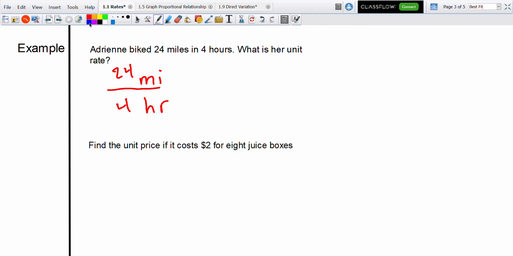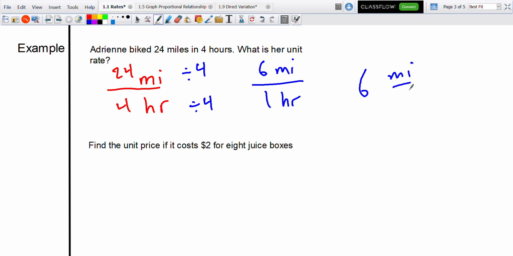Now to solve for this one, I wouldn't divide by 2 like the last problem. I'd divide by what to get it to 1 hour? I'd divide it by 4. Because 4 divided by 4 on the bottom will make 1 hour, which is what we want for a unit rate. We want the bottom number to be 1. And on the top, 24 divided by 4 means that she went 6 miles per hour. Or you can see here she went 6 miles per 1 hour.